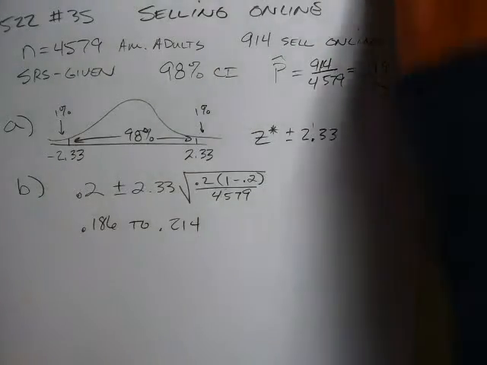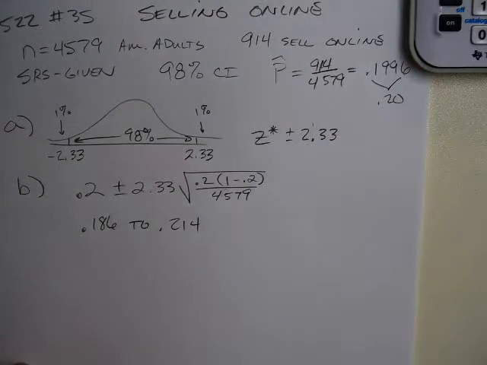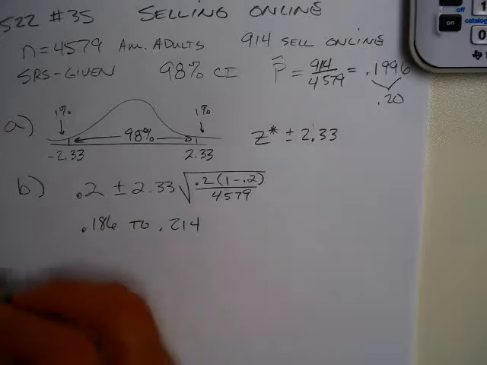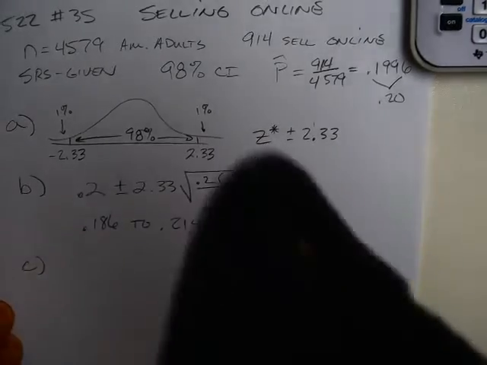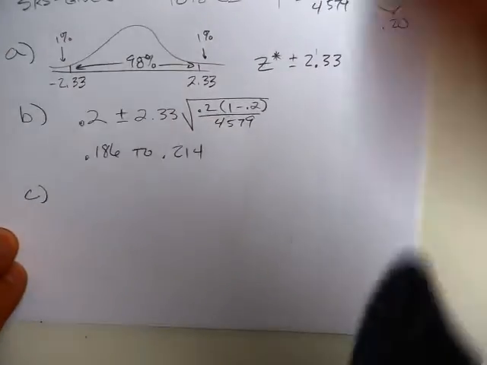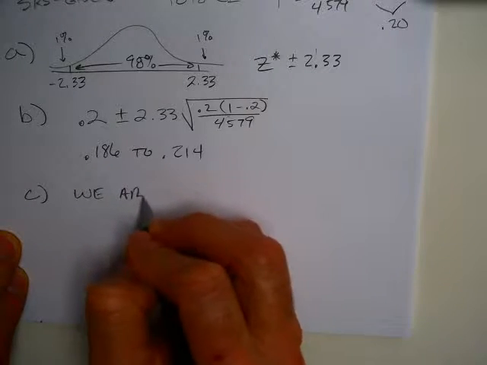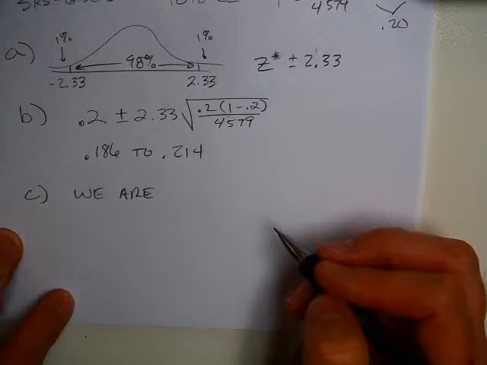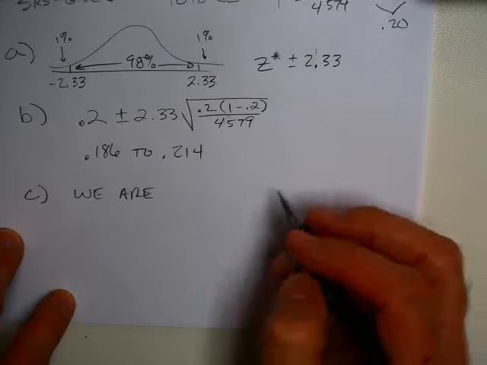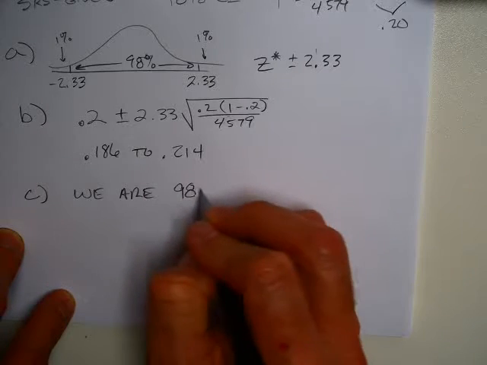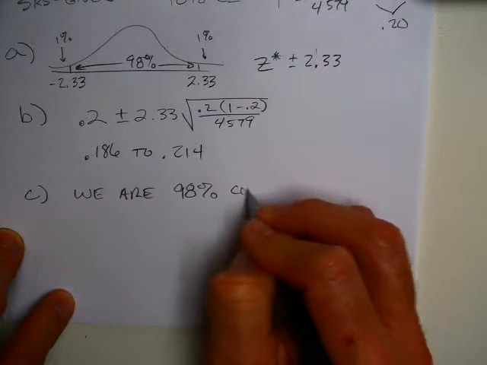So C asks us to interpret the interval. So we are what percent confident? 98 in this case, right? 98% confident.